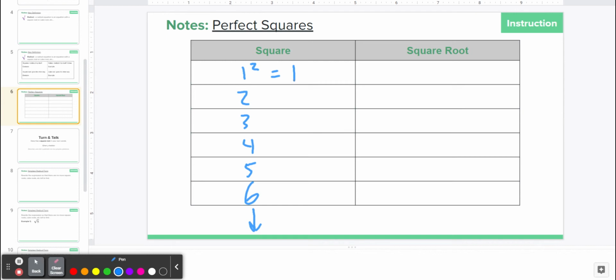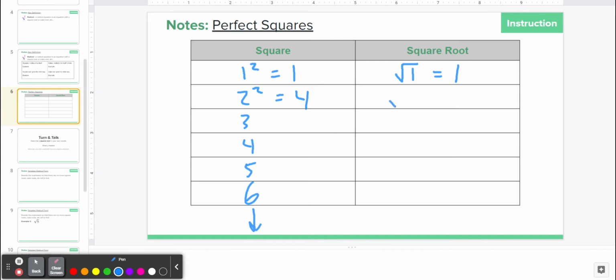Now recall that square rooting just goes the other direction. Okay, so my square of 1 was 1. So if I wanted to take the square root of that answer, square root of 1, that'll simply equal 1. Let's see how this plays out with 2. If I take 2 squared to the second power, that equals 4 because it's 2 times itself.